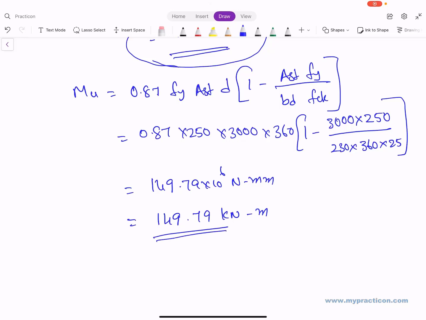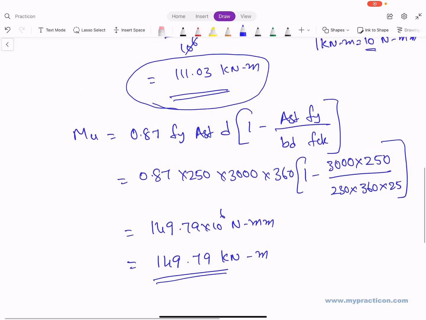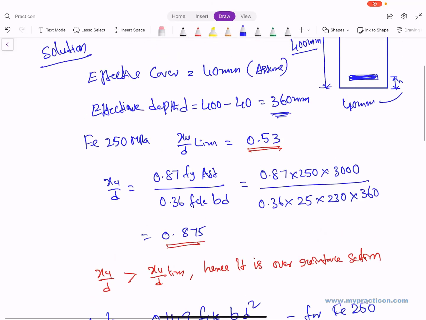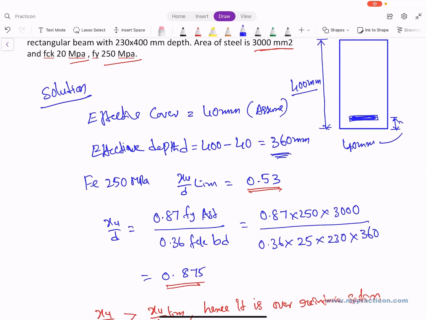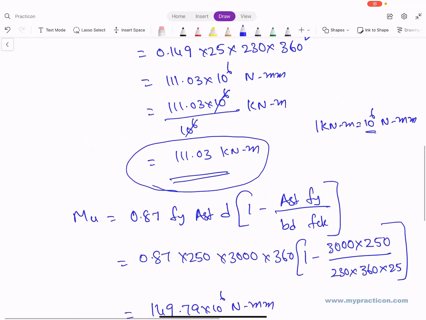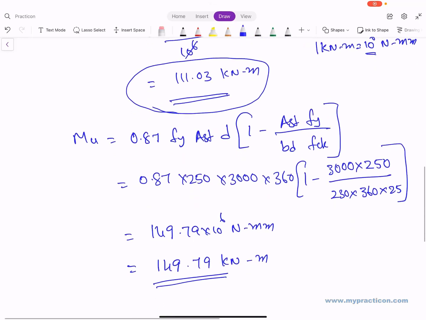So this is the actual load carrying capacity of the section based on the steel provided of 3000. However, the limited moment carrying capacity, the balanced section capacity, is only 111 kilonewton meter. So ultimately we need to take the minimum one. Minimum one means 111.